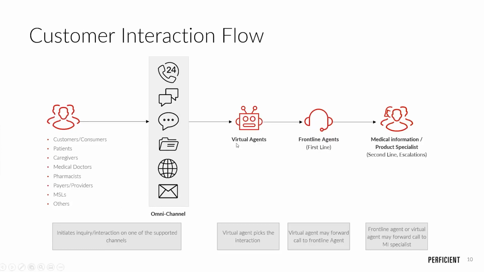The virtual agents will focus on getting the basic information that is needed to address the question or concern raised by the caller. And if the virtual agent determines that the caller requires more detailed information which the virtual agent cannot provide, or the virtual agent cannot understand the conversation, it can always escalate to a frontline agent.